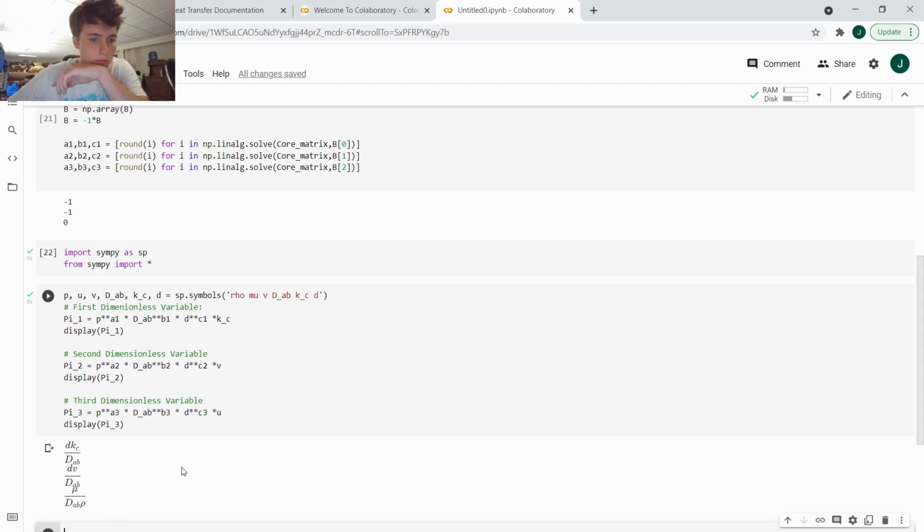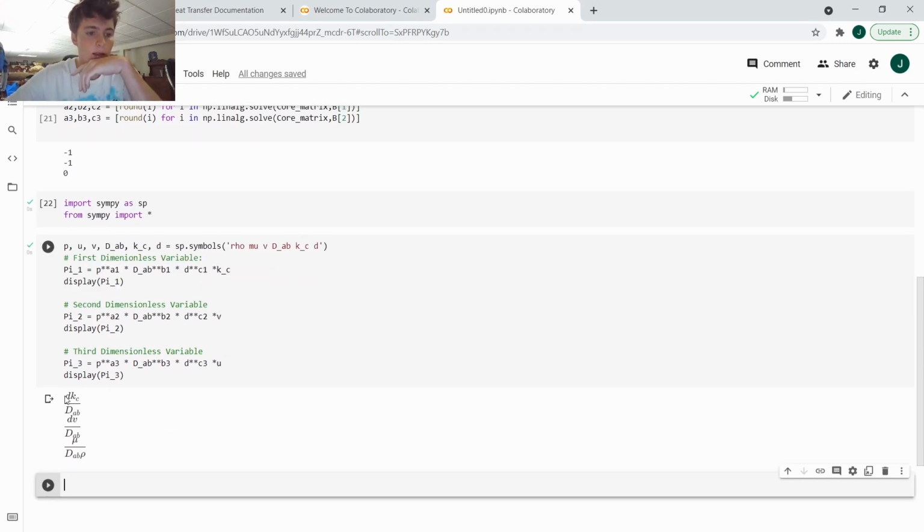And here we go. So we get diameter multiplied by the mass transfer coefficient over the diffusivity for the gas and the liquid. That is our first dimensionless variable. We notice that that is the Sherwood number. The second dimensionless variable is diameter multiplied by velocity over the diffusivity, and that is just the Schmidt number.